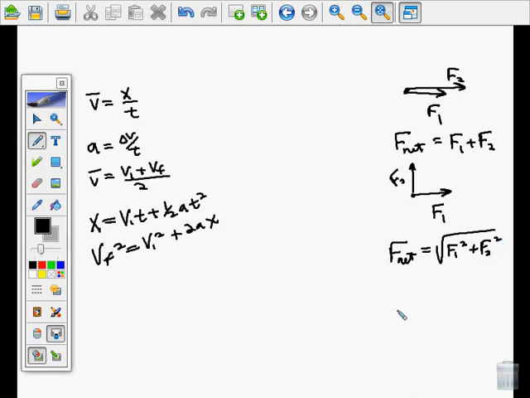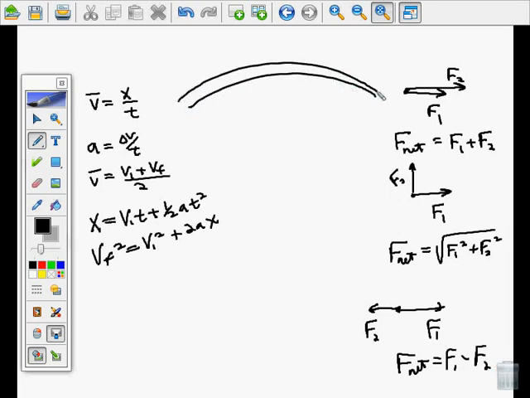And if F1 and F2 were in opposite directions, then F net is equal to F1 minus F2. So now that we have the vector stuff over here, the big bridge that connects these is Newton's second law. And that is F net equals m times a.